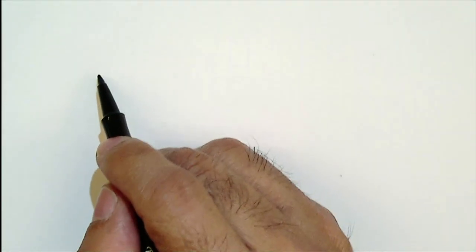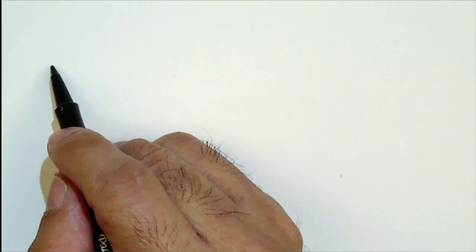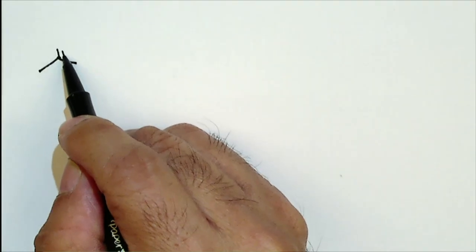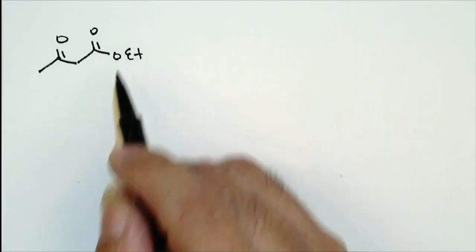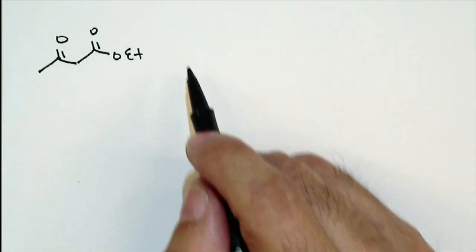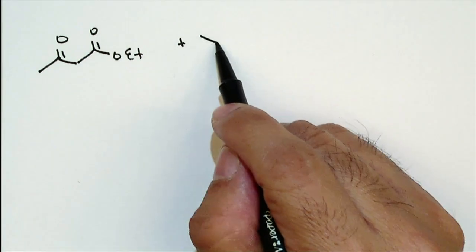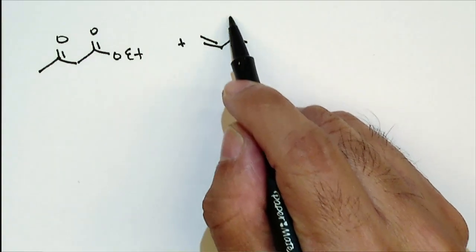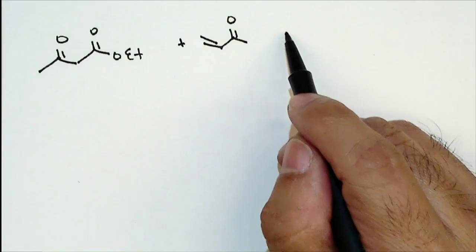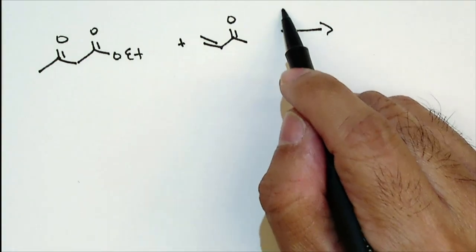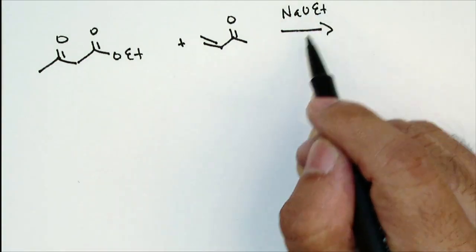So let's say that I start off with the following molecule that should look familiar, acetoacetic ester. And I'm going to react this with this alpha beta unsaturated ketone. So I treat this with sodium ethoxide.